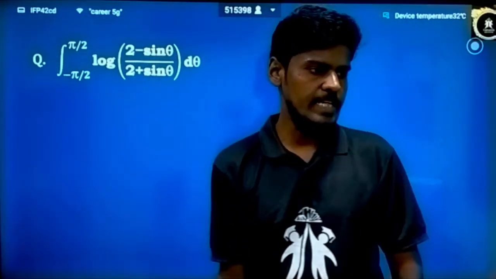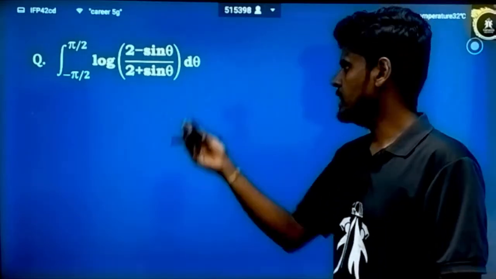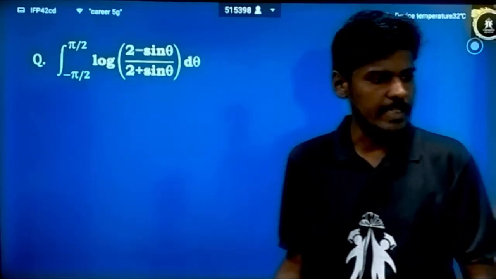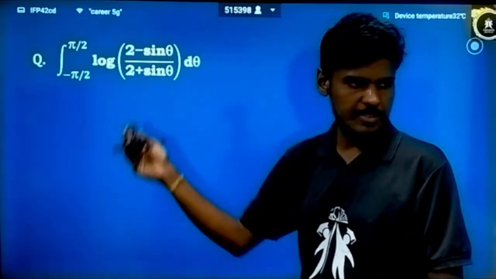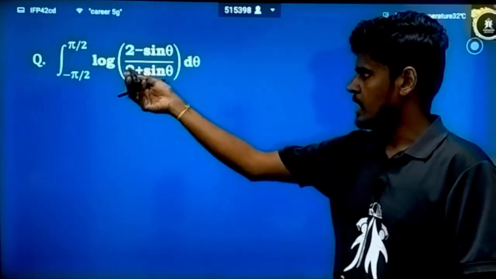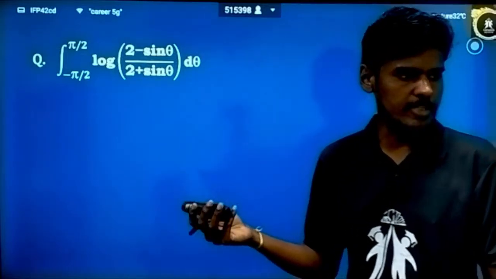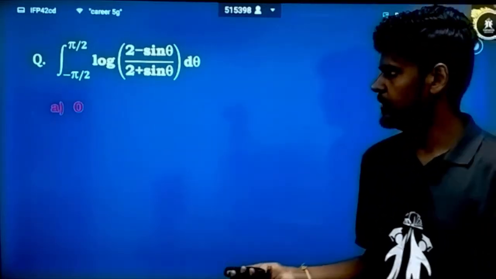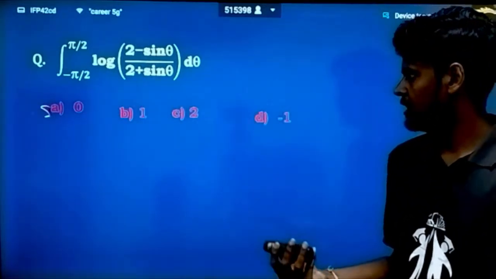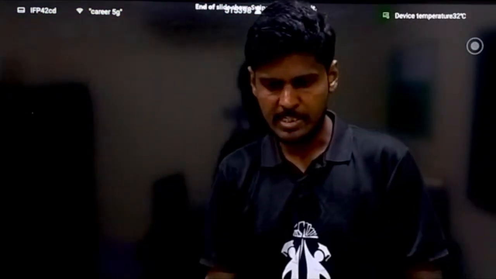Then sine of minus theta is minus sine theta. So numerator is 2 plus sine theta. Denominator becomes 2 minus sine theta, which is again reciprocal of this, which means again this is a negative. So log f of minus x is minus f of x. That means it is an odd function. So answer should be 0. Option A. Easy questions. With this we have completed integrations.